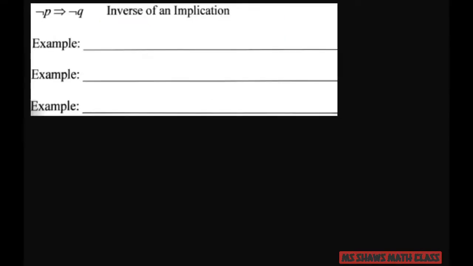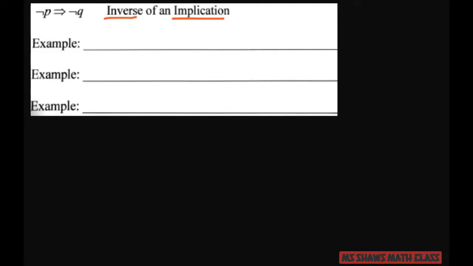The inverse of an implication is just like your inverse of a conditional. You have to use the word not.